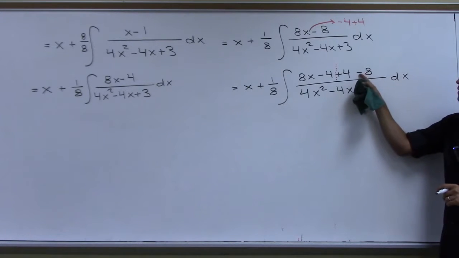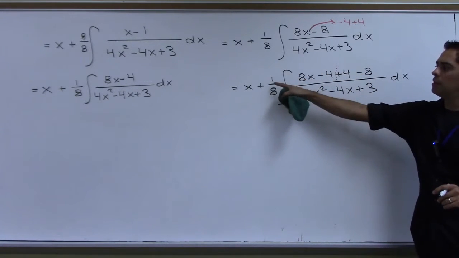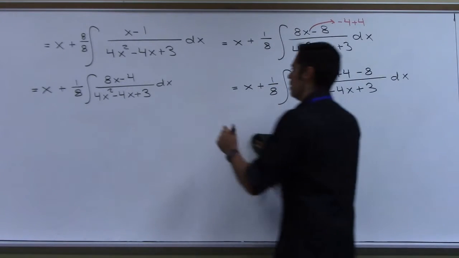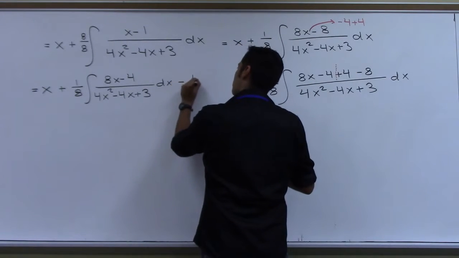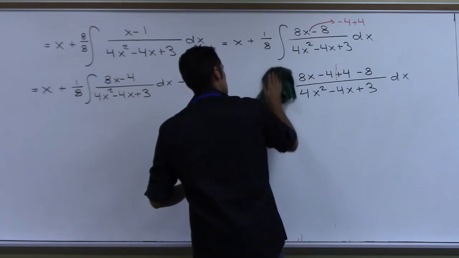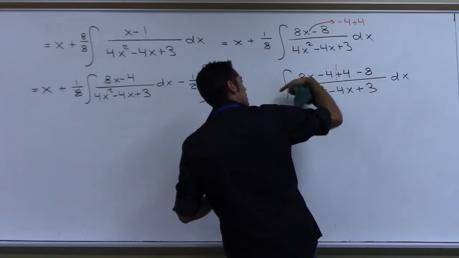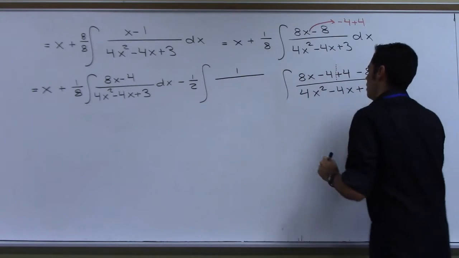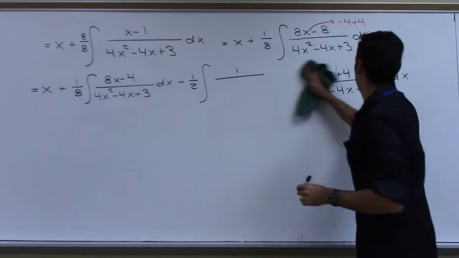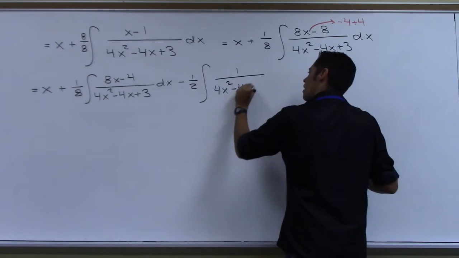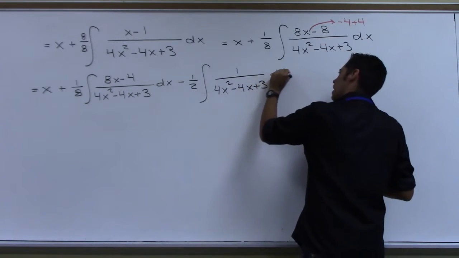What happens when I bring -4 outside? -1/2. Okay. Integral, and then what? I pulled the -4 out already, so what's up there still? 1 over, and then the denominator, right? 4x squared minus 4x plus 3 dx.